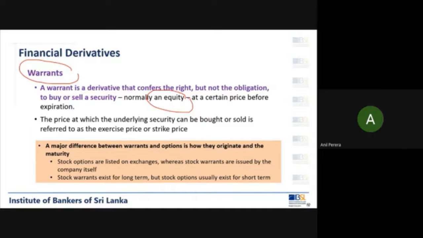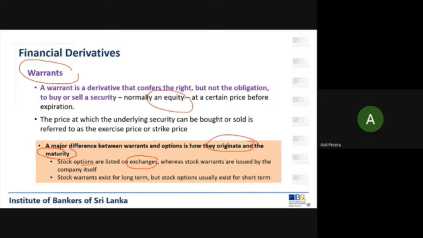So the major difference comes from, as I said, they are used in equity markets. But other than that, in general, the major difference between warrants and options comes from how they originate and based on the maturity. Now, usually we see stock options are listed on exchanges, right?